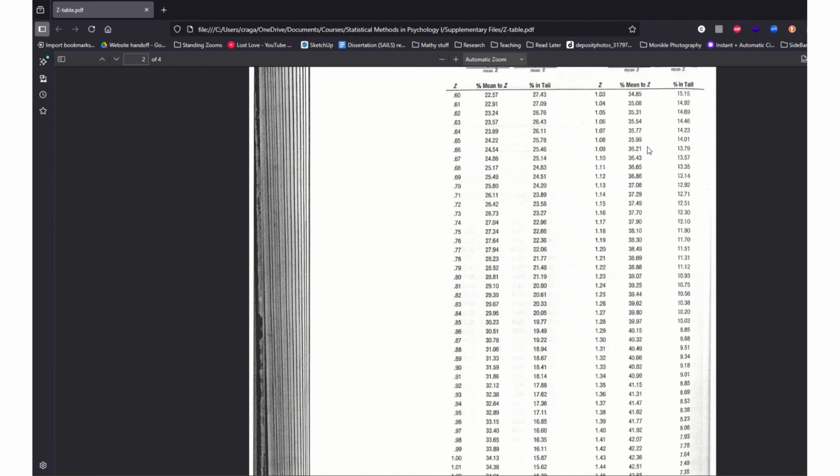And that's it. You look for the z-score, and then you look across the row to, in your case, either find the probability of a score being between the mean and that z, or the probability of finding a value with a greater z-score.